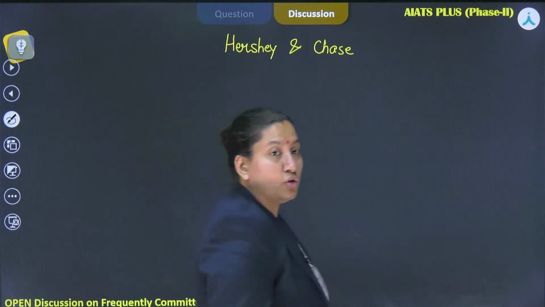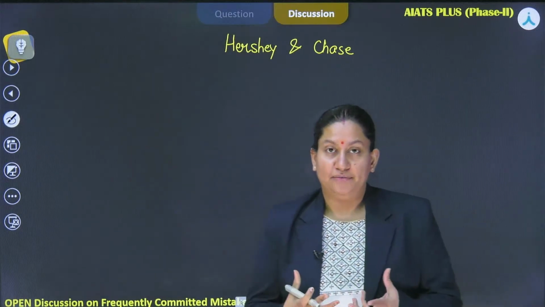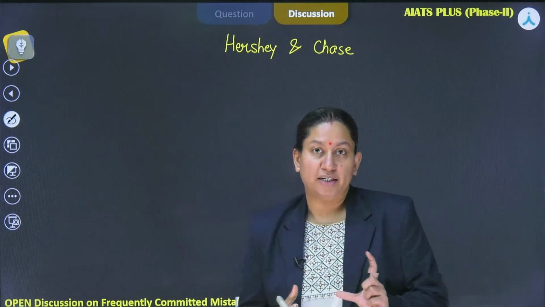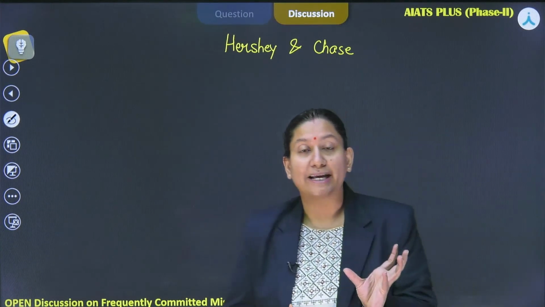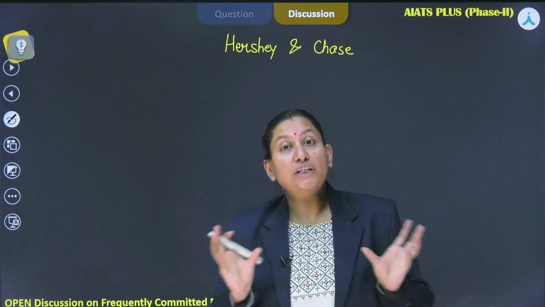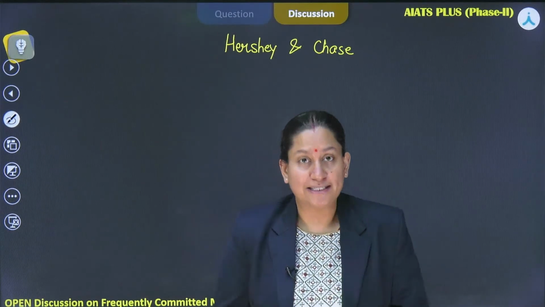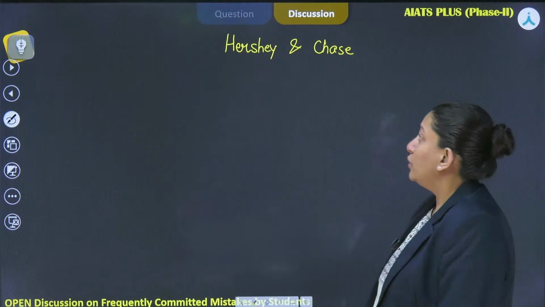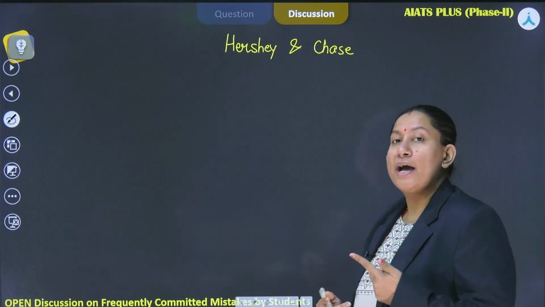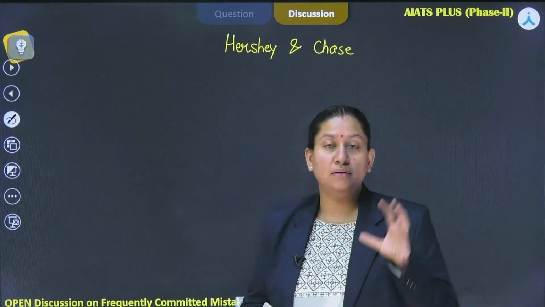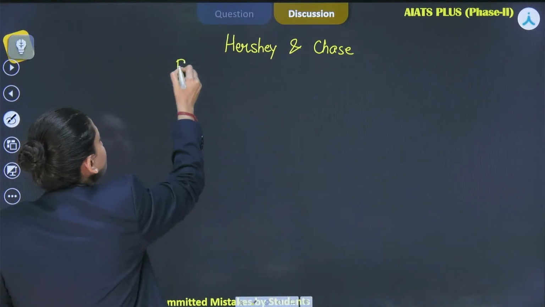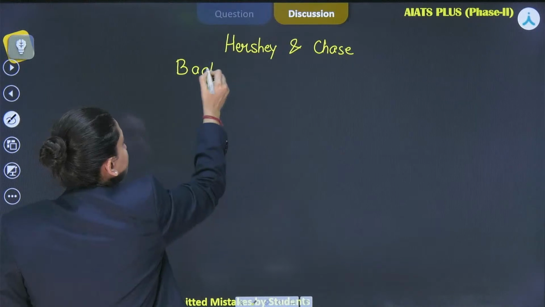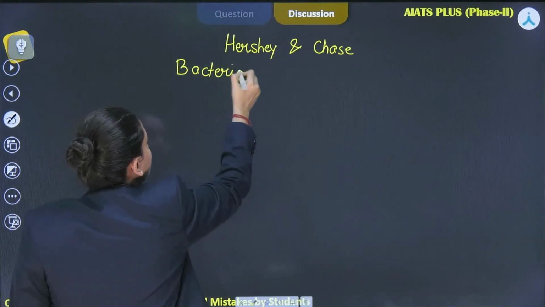right? So what are their objective? For any experiment you need an objective. Their objective was to identify that whether the DNA or the protein, which one of them is the genetic material, right? So in order to do that, they'll be requiring those two contender in a single organism. So that's why they have took a bacteriophage, right?